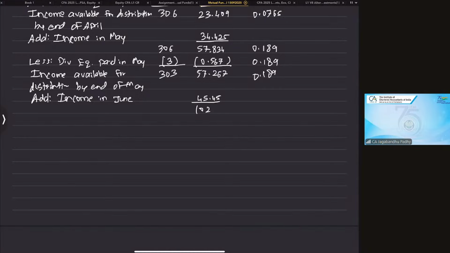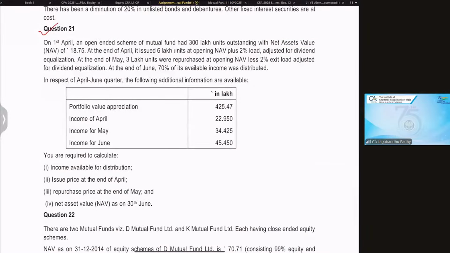So per unit wise, how much is this? 0.339. Okay. And in the month of June, I think we are paying out certain amount as distribution, right? See, 70% of the available income was distributed.